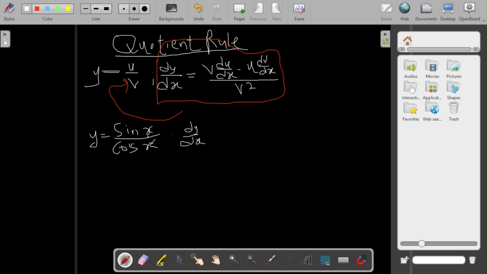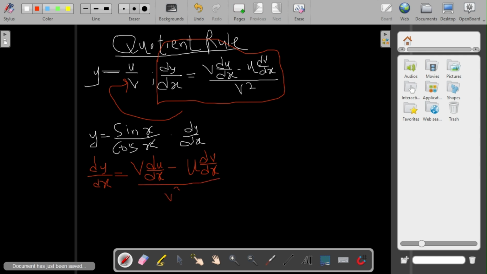Don't forget the formula, it's dy/dx equals v du/dx minus u dv/dx over v squared. So this is the big formula.